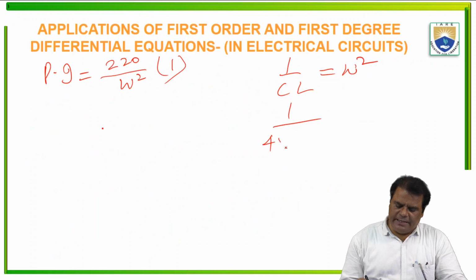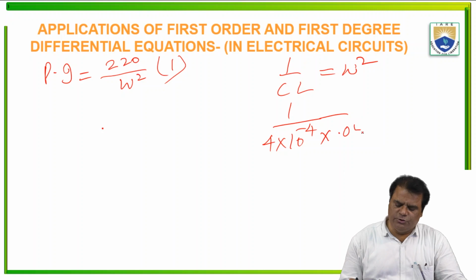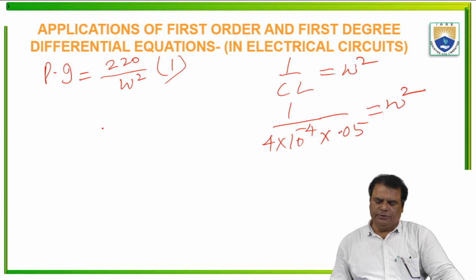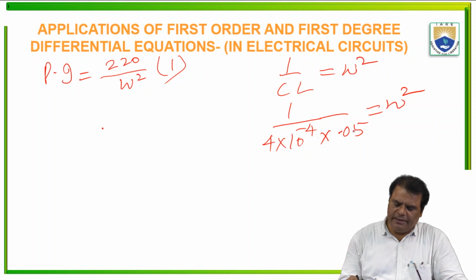So w square is 1 upon 4 multiply 10 to the power minus 4 into 0.05. This goes to the numerator, and 4 fives are 20, so the point is cancelled.